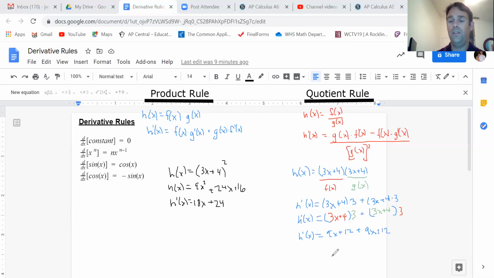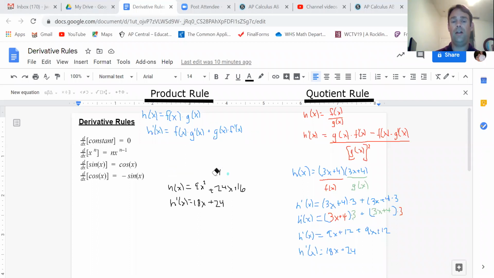And friends, all together, I believe that means that we have 18x plus 24. Again, I probably would not have done the power rule on this one, but it gives us an idea to see how we have these different rules and we get to figure out which one works best for us. And each person is going to have their own.